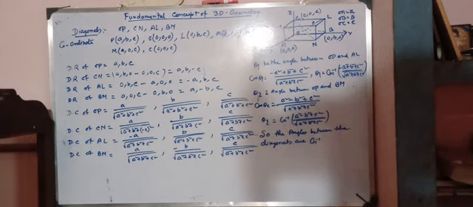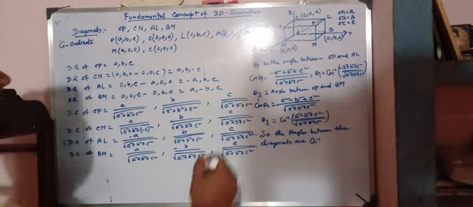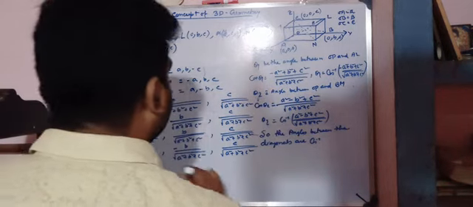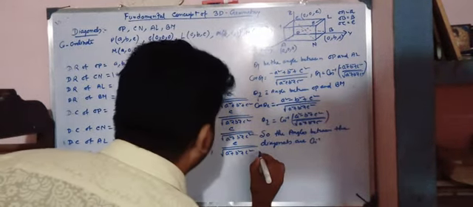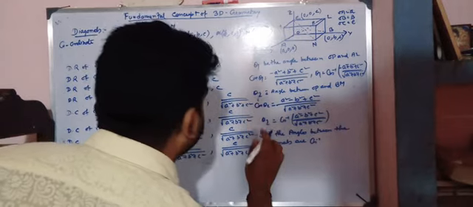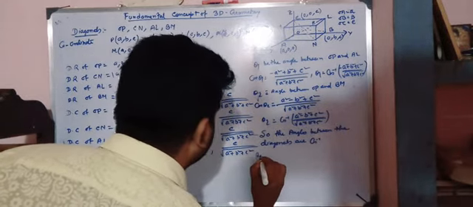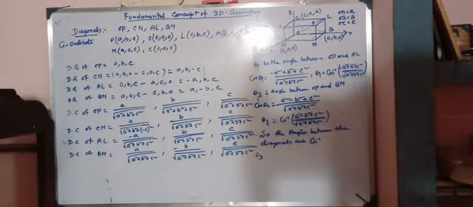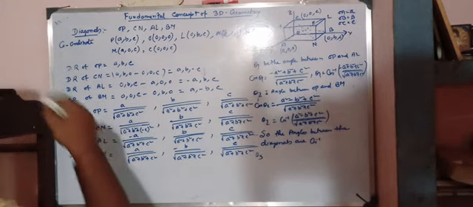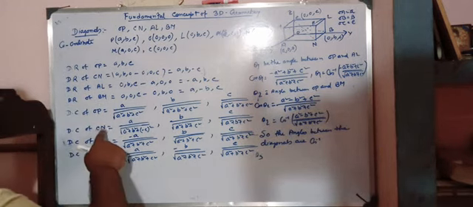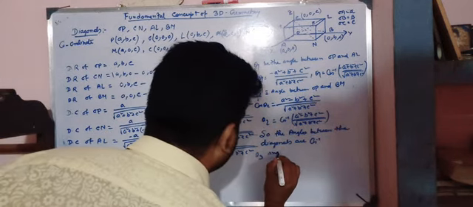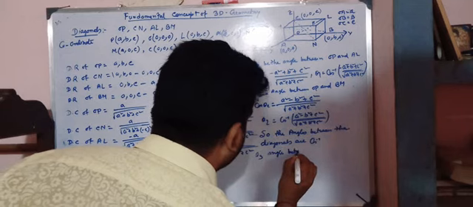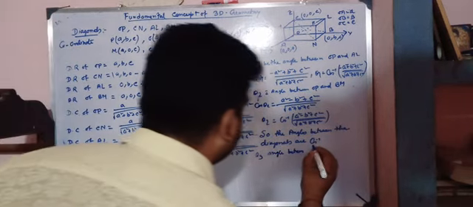Similarly, angle between the diagonals, we have done theta 1 and theta 2. Now we have to obtain theta 3. Let us take theta 3 to be the angle between CN and AL.